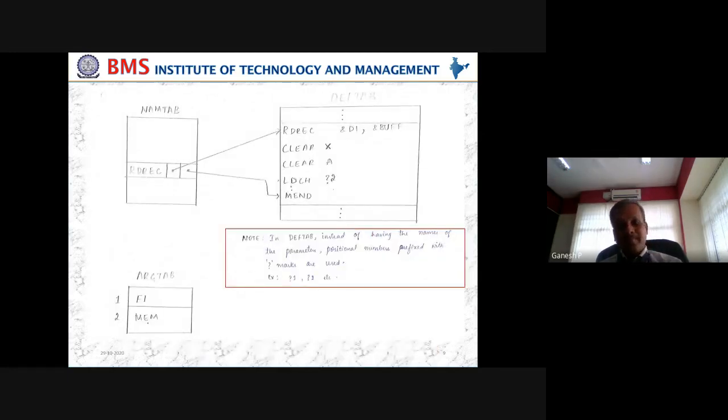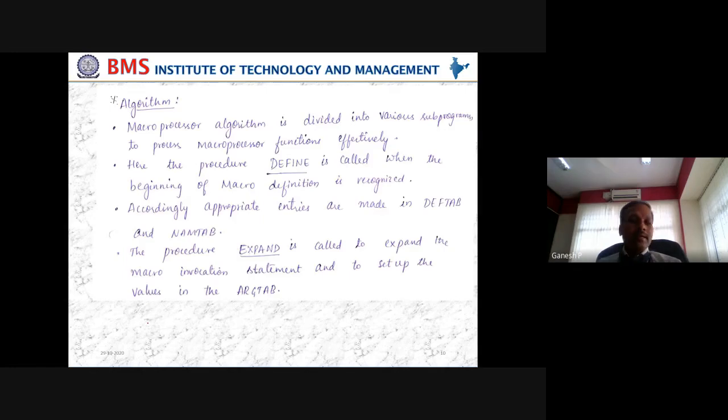Okay. Now let us come to the algorithm part. As I said, the algorithm is divided into various modules where each module is responsible to perform some minimum or basic task, and this algorithm is going to deal with the nested macros also.